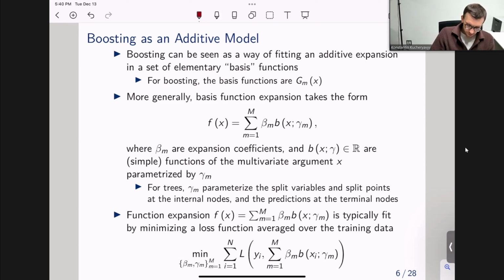Then, usually when we do a basis function expansion, we are solving this problem. So forgetting for a second about AdaBoost, just thinking about minimizing some loss function by choosing parameters of base functions, this would be the problem that we would solve.